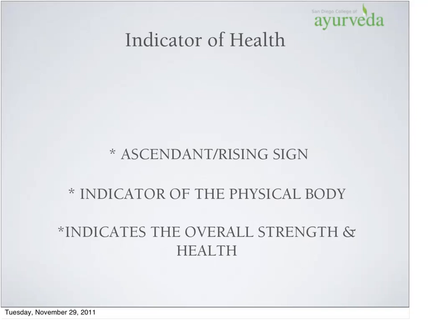Fire signs are probably best for recovery. Fire signs would be Leo. Let's see. Aries is a fire sign. Leo and Sagittarius. These signs are, in general, strong. The watery signs like Scorpio, Pisces is a water sign.